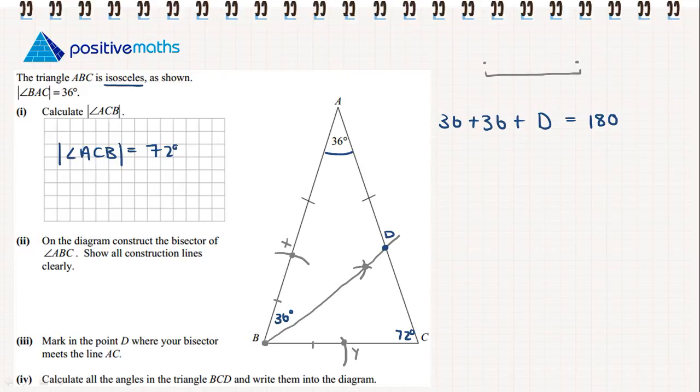So 36 plus 36 gives us 72, plus D is equal to 180. So therefore D is equal to 180 minus 72. So that's 108 degrees. So now we have calculated all of the angles in that triangle BCD.